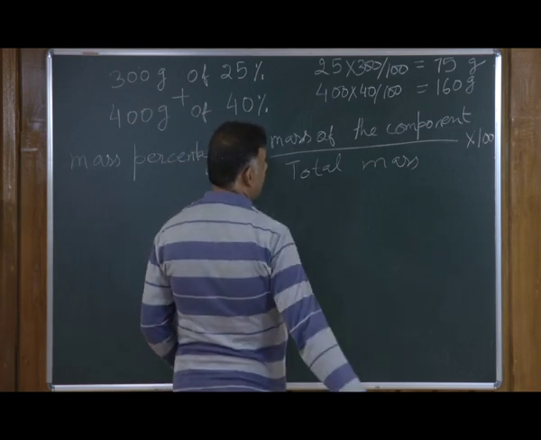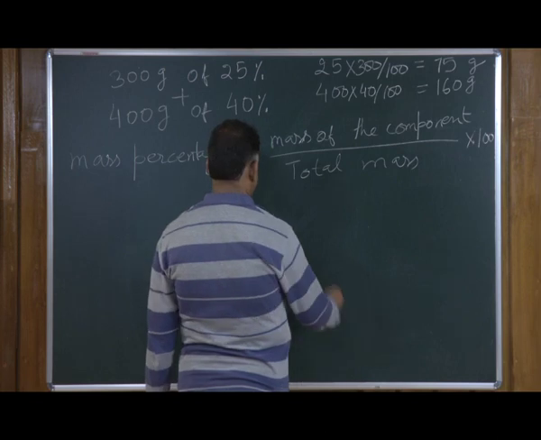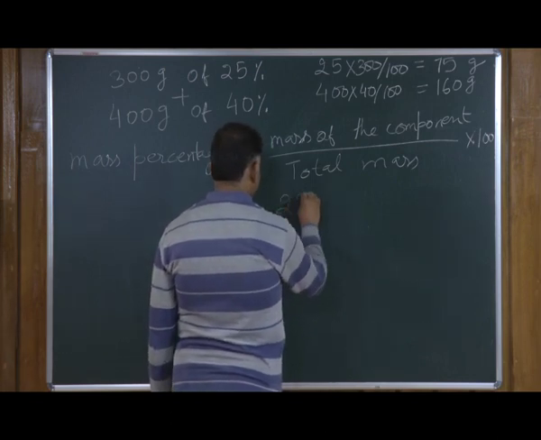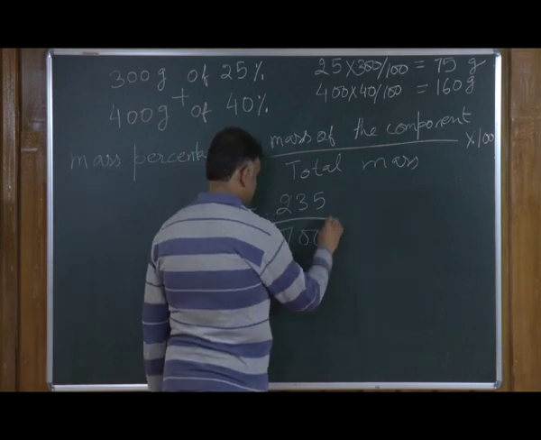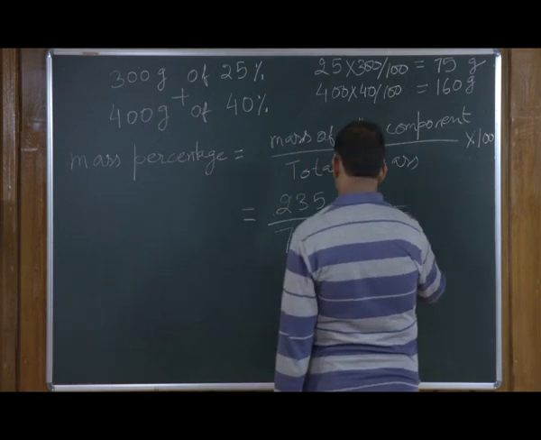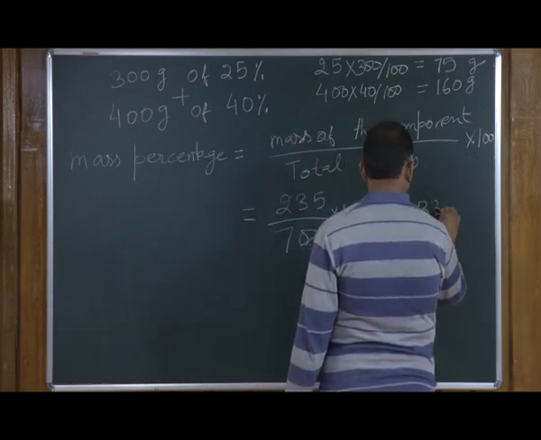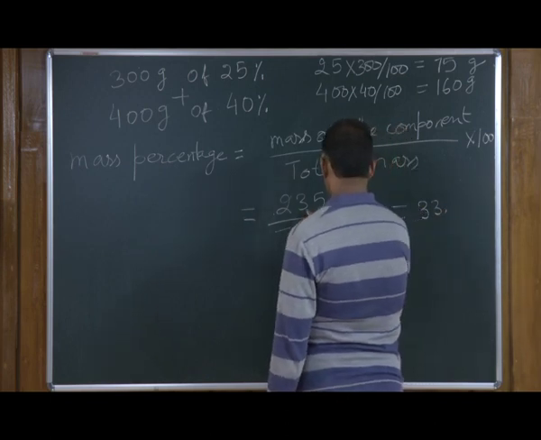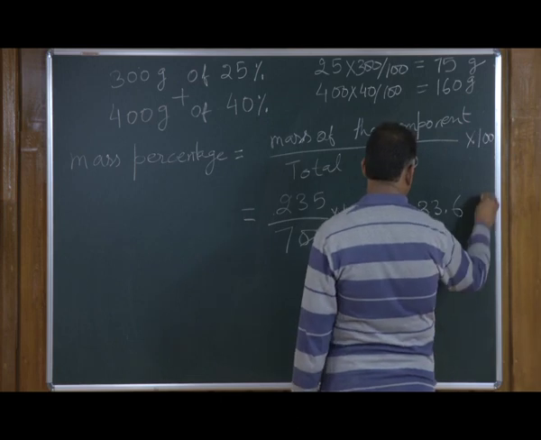Total solute present is 235 divided by 700 into 100, so the answer comes out to be approximately 33.6%.